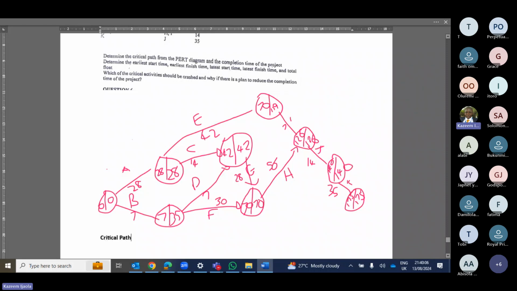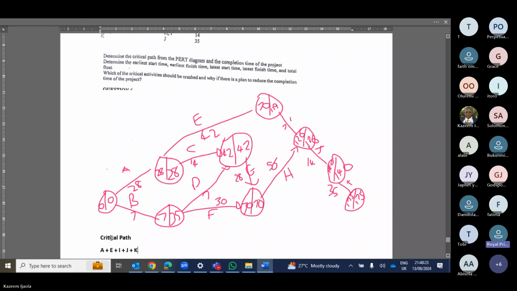Critical part now. Can somebody list out the critical part for me, please? I have A, E, I, J, K. I've listed that one already, Abby.